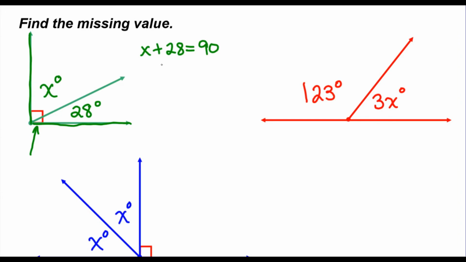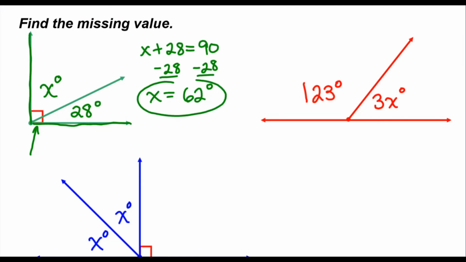If I solve this equation, that will tell me what the value of x is. So x here is going to be 62 degrees. This angle is 62 degrees because I know the two angles are complementary.